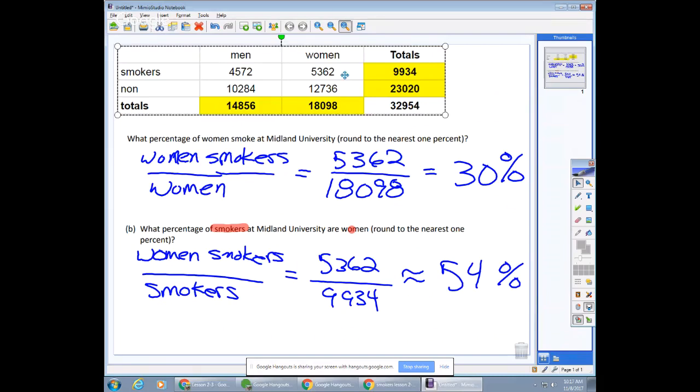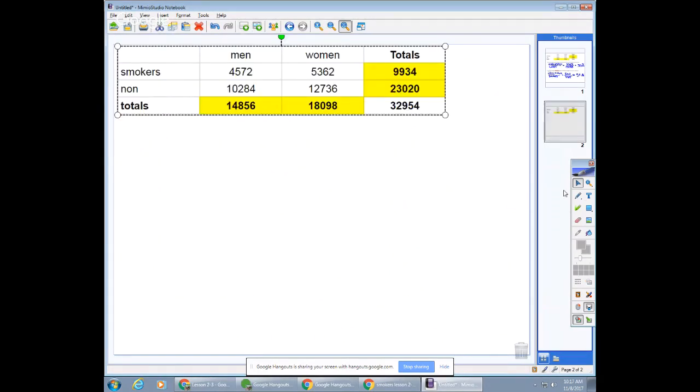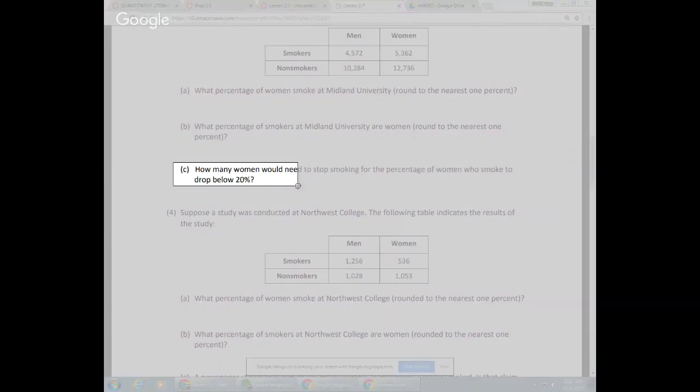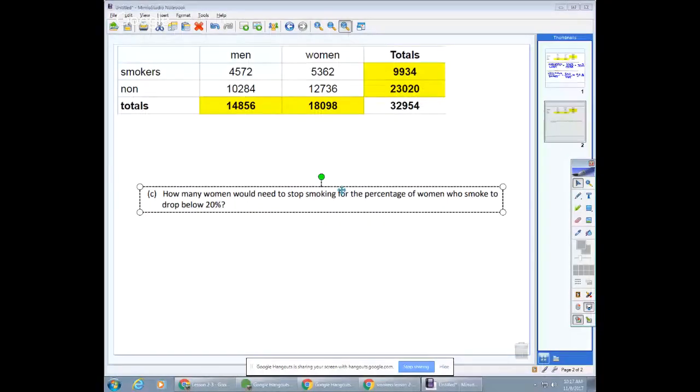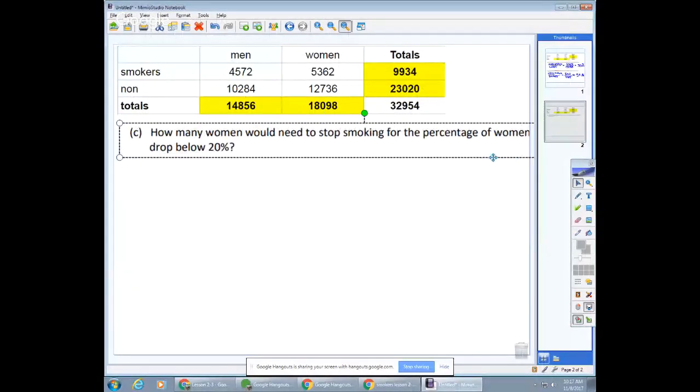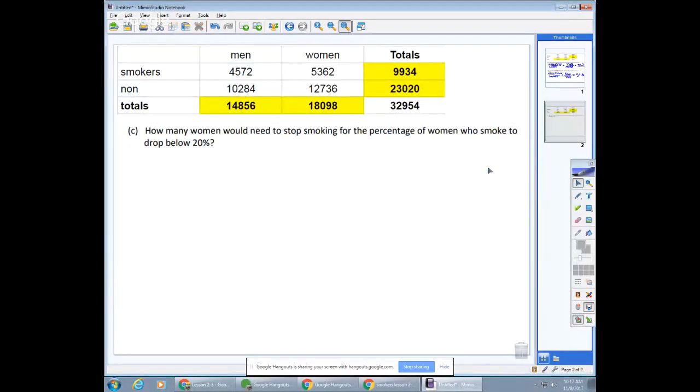Copy this, grab that question. Oh, too big. All right, how many women would need to stop smoking in order for the percentage of women who smoke to drop below 20%?